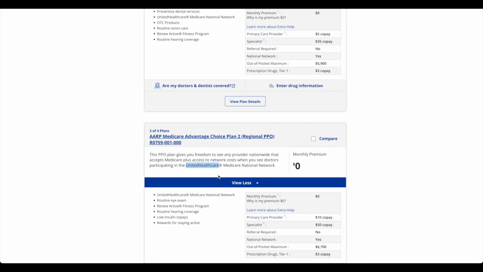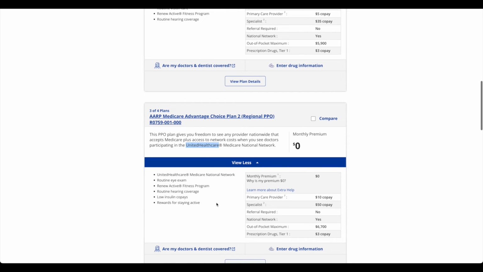So it is a larger network, but again, some restrictions there, mainly compared to your original Medicare Part A and B that have no network, see anyone, anywhere in the nation. So there is somewhat of a restriction here, even though you still have national coverage.